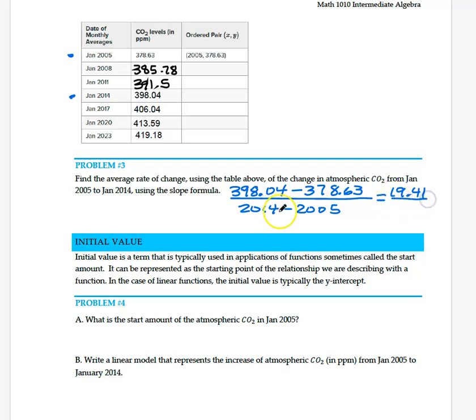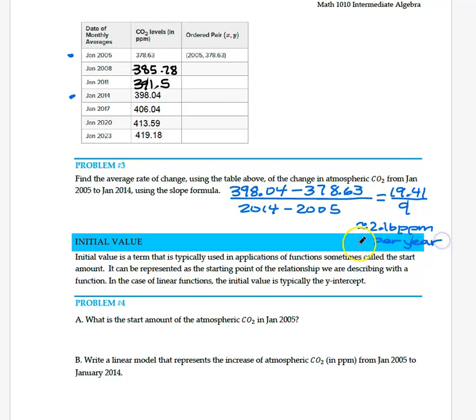And on the bottom, when we subtract those, we get 9. And so when we divide that, we find that the increase in CO2 per year is about 2.16 parts per million per year.